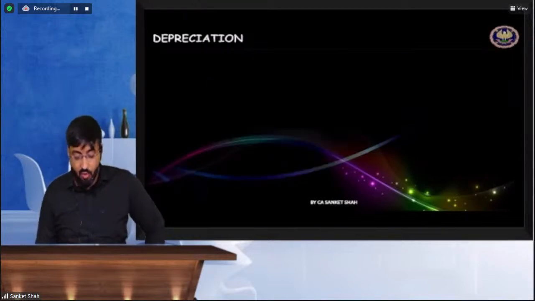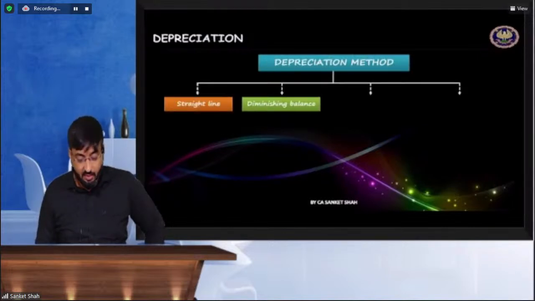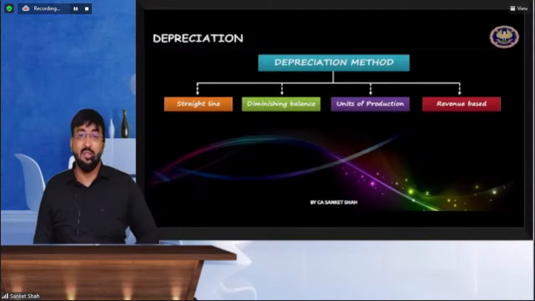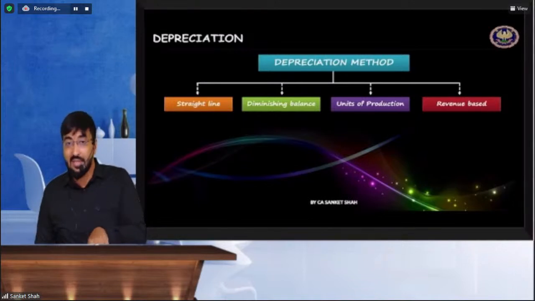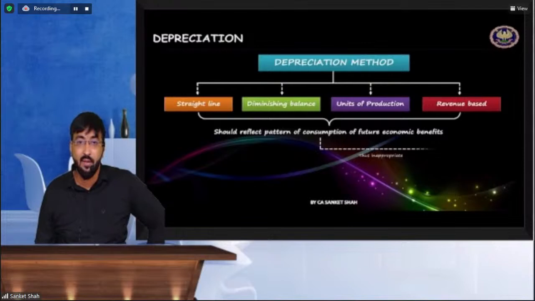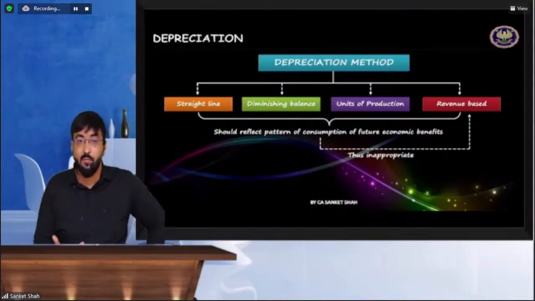Yes, there are methods: straight line method, diminishing method, units of production, and revenue based method. So there are 4 methods given in this accounting standard 10. Straight line method and WDV method, you are aware of that. Units of production means how many units you are producing; based on that you provide depreciation, and on that ratio of earnings from the asset you will divide it.